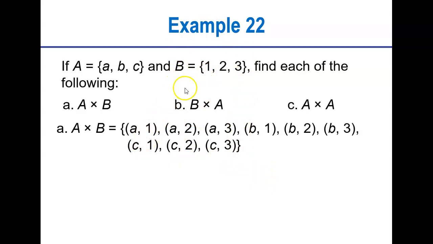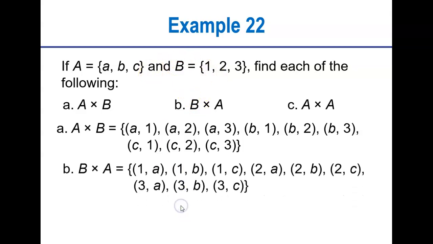Now we're going to go the other direction, from B to A. So from B to A, we're starting with the numbers: (1, a), (1, b), and (1, c). Then we have (2, a), (2, b), and (2, c). And then (3, a), (3, b), and (3, c).